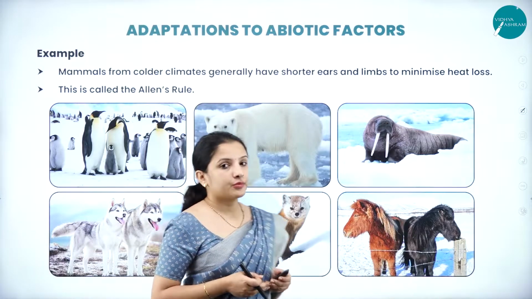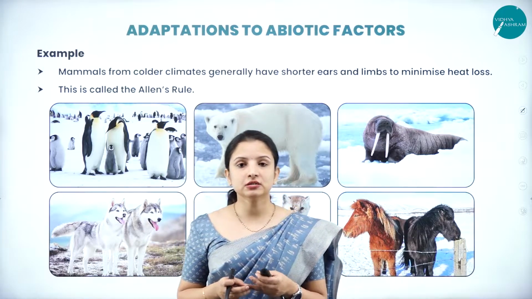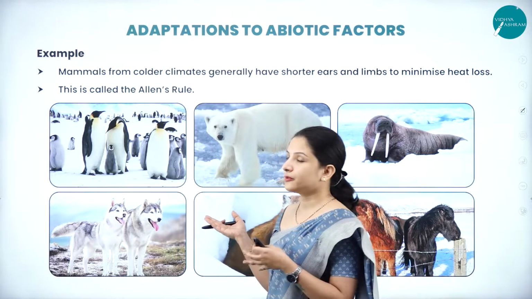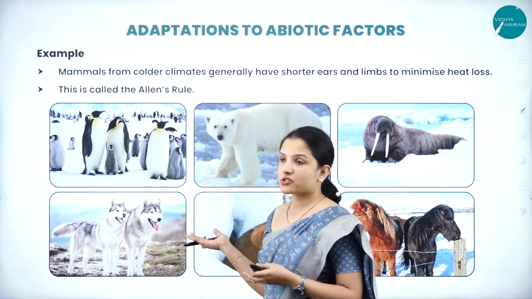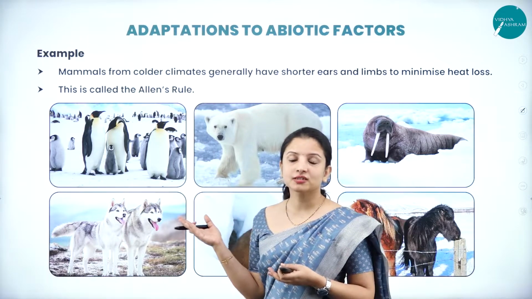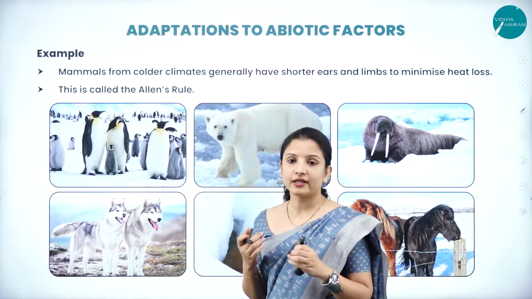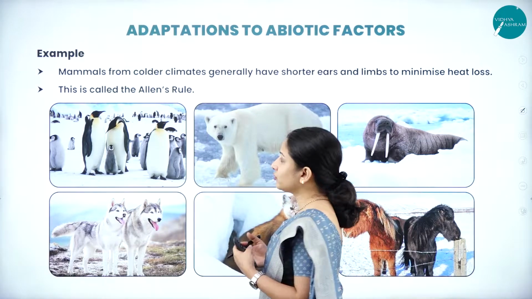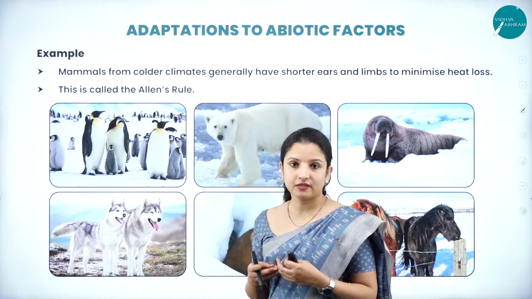So next, talking about some of the abiotic factors, such as temperature. Here the temperature of the Antarctic region is completely sub-zero, right? It is 0 degrees or below. So how do the animals adapt themselves here?